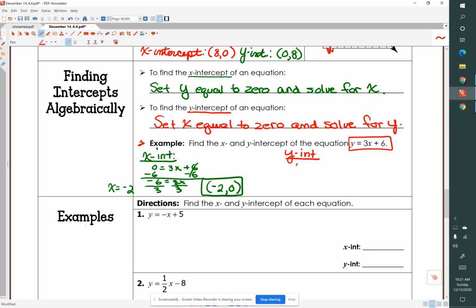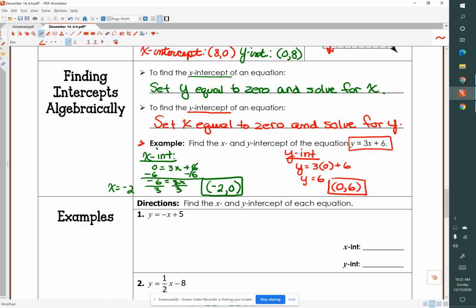So y equals, please use parentheses when you make substitutions, 3 times 0 plus 6. So y equals 6, and we write that as 0, 6.